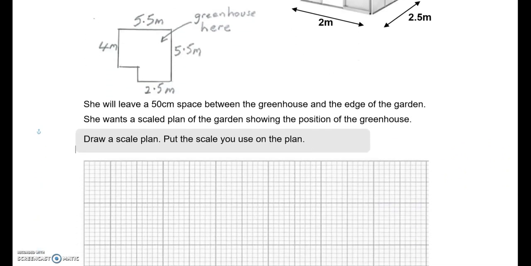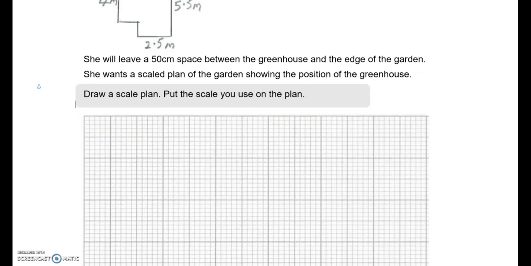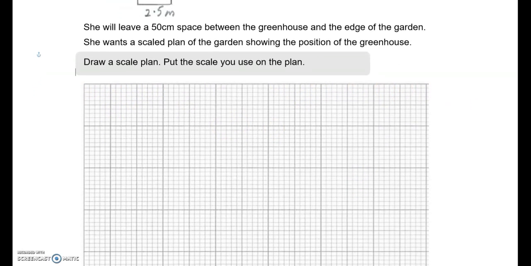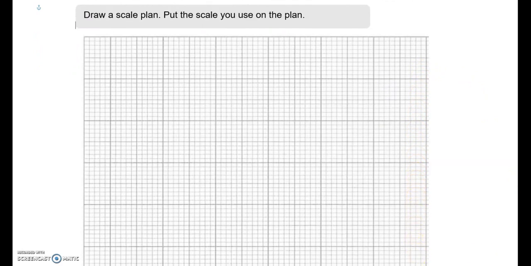So we've got this grid in here. These squares measure 1 centimeter by 1 centimeter each. We've got 13 squares going across, and we've got 1, 2, 3, 4, 5, 6, 7, 8, 9, 10, 11, 12, 13 going down as well.